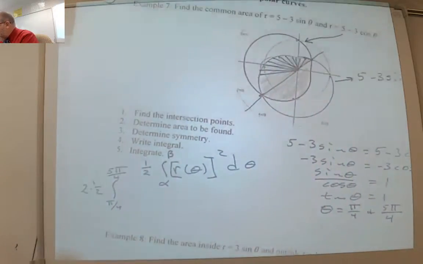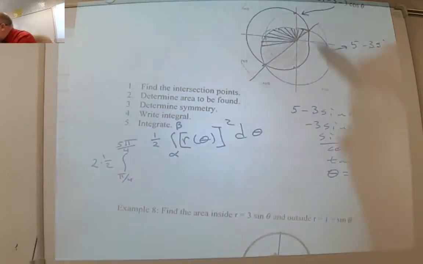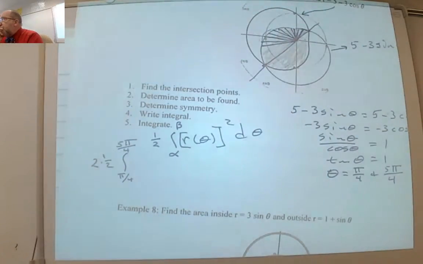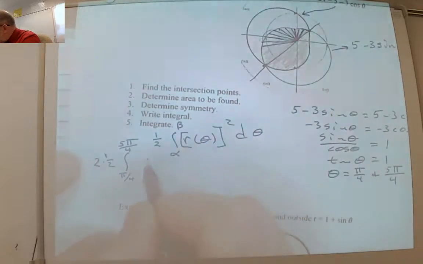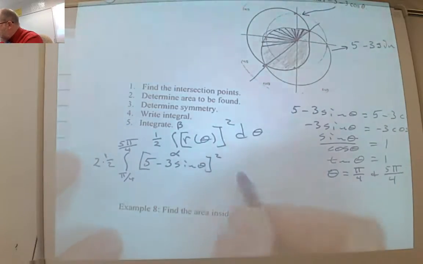So my question to you is, what am I squaring? What is the length of this r? Right. 5 minus 3 sine of theta, squared, d theta.